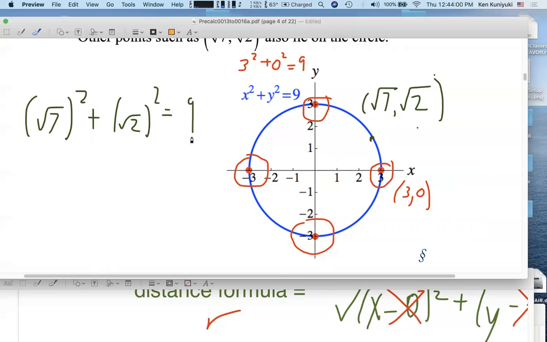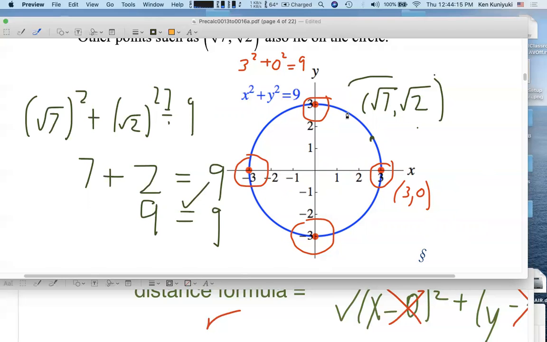Does that equal 9? Well, the square of root 7 is 7, plus the square of root 2 is 2. Yes, that does equal 9. 9 equals 9. That does check out. So root 7, comma, root 2 is a solution point for the circle, and it's a solution for this equation, where x is root 7 and y is root 2, this ordered pair.